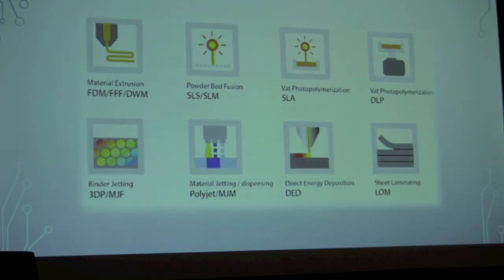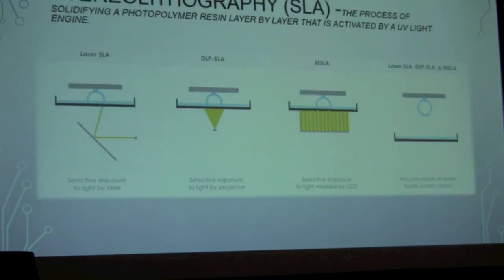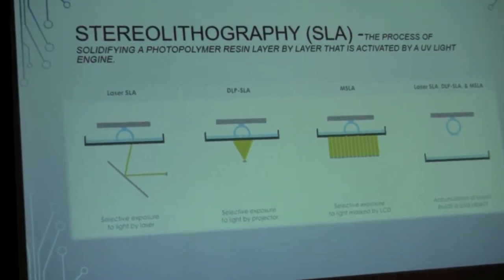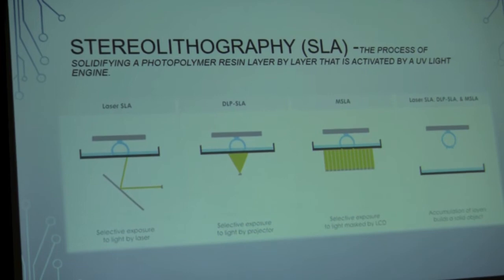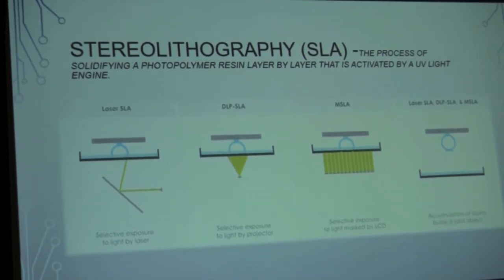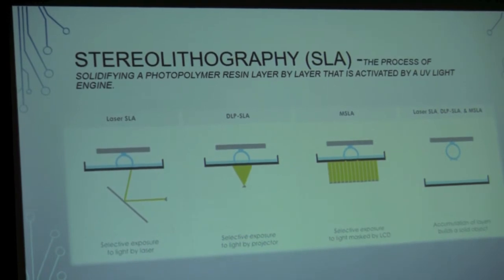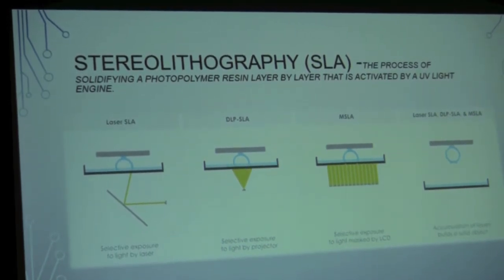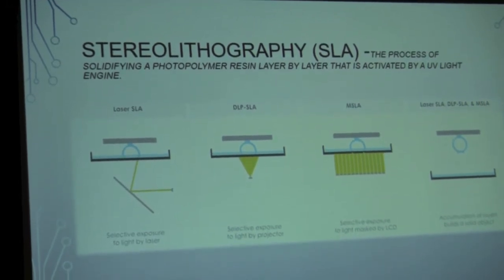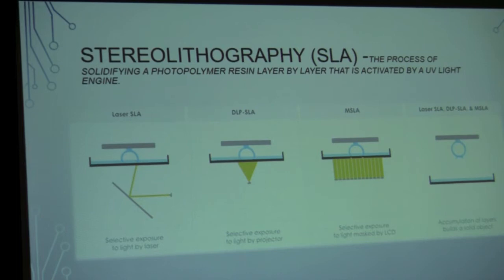So for stereolithography, this is a general term that is actually multiple print types. A lot of people get confused that stereolithography is only one type of printing, which would be stereolithography laser. If we look at the definition of stereolithography, it's the process of solidifying a photopolymer resin layer by layer that is activated by a UV light engine.